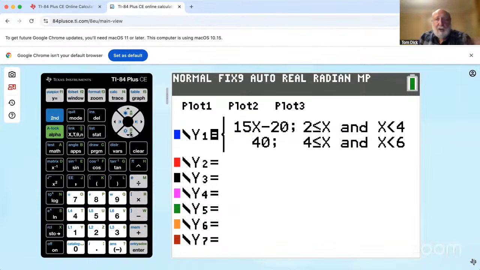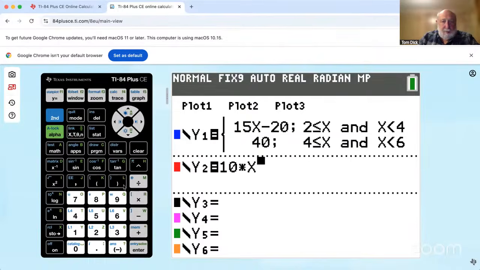I'm going to do it actually a couple of ways. Steve did it by hand. You know, he did the analytics and figured out, well, it was going to be 10 times x to the 2/3 power, I believe.